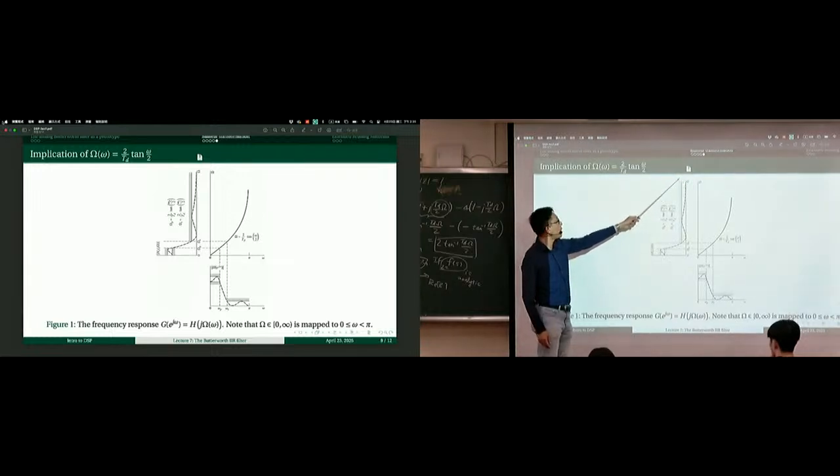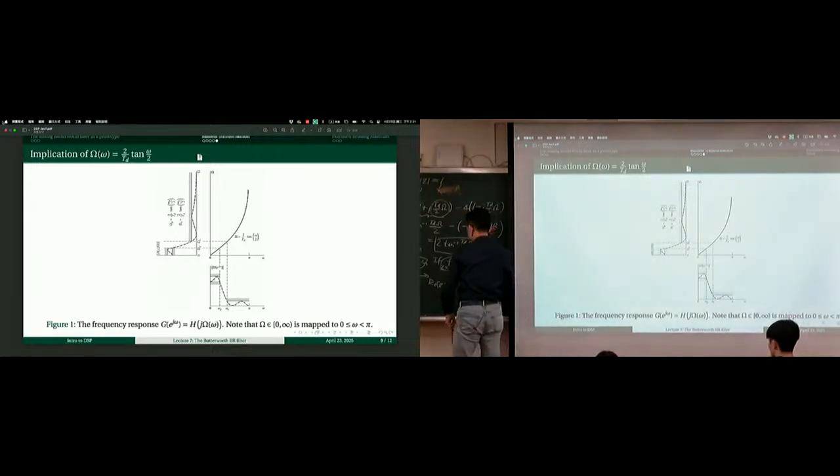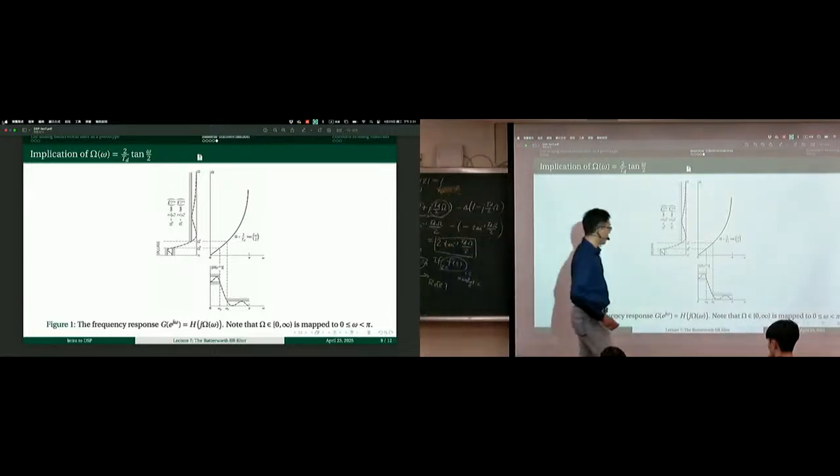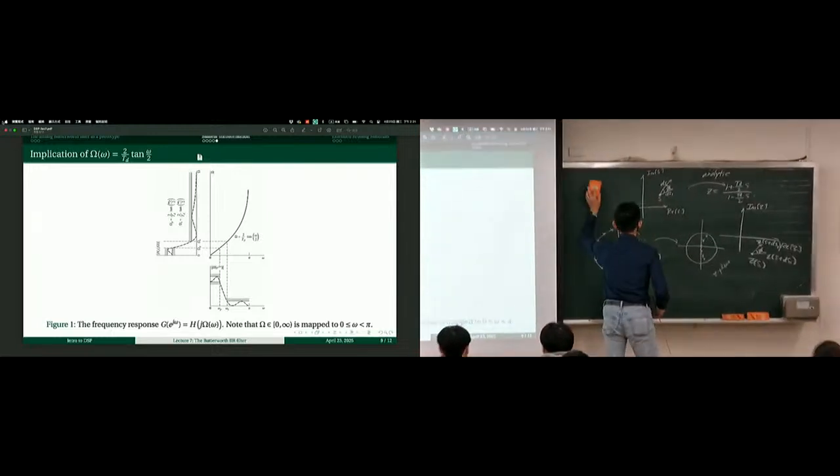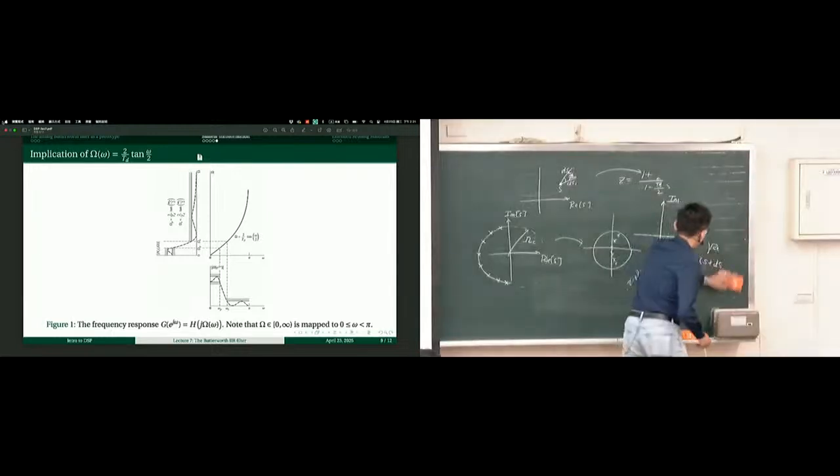But now, by using arctangent, we get the corresponding small omega. Let me erase this discussion over here.